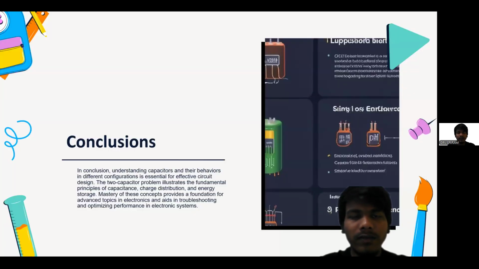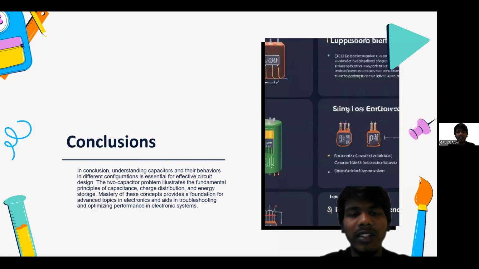And in final conclusion, capacitors are fundamental components in electronic circuits, widely used for energy storage, filtering, signal coupling, and timing applications. Here are some key conclusions from the overview of capacitors.